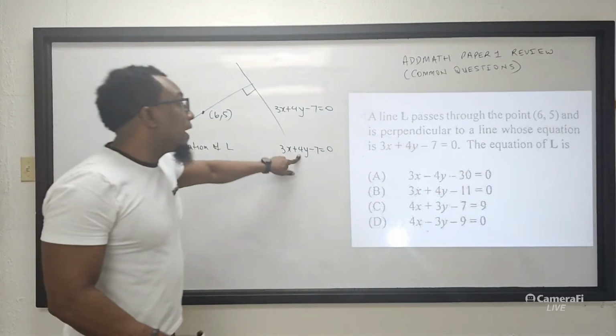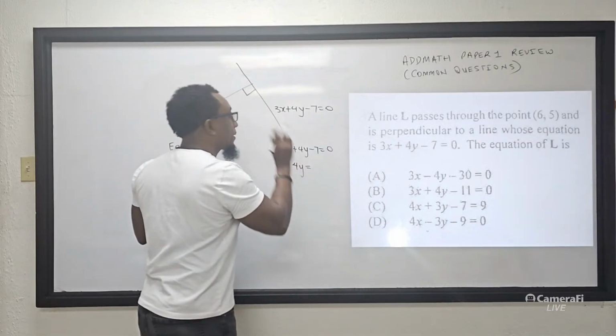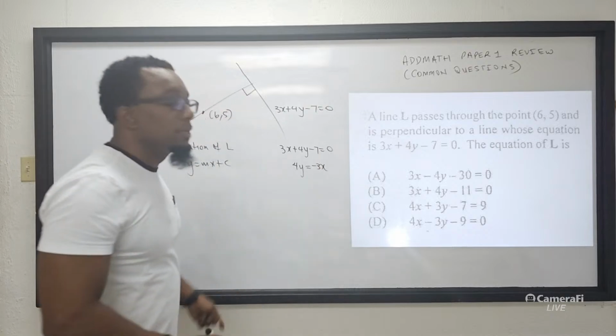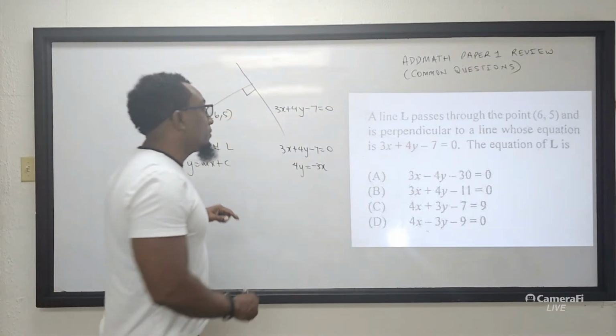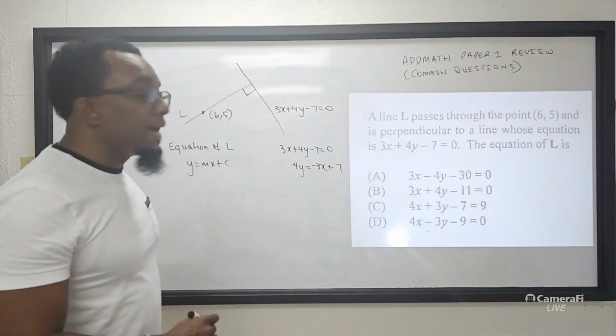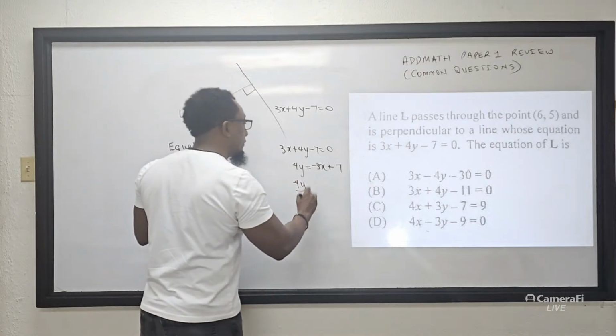So let me make y the subject first. This is 4y. Positive 3x comes across to the right as negative 3x. Negative 7 comes across to the right as positive 7. And then I'm going to divide both sides by 4 so I can make y the subject.